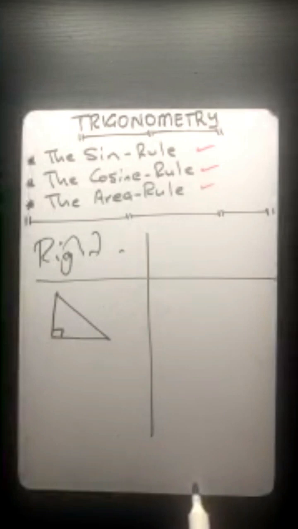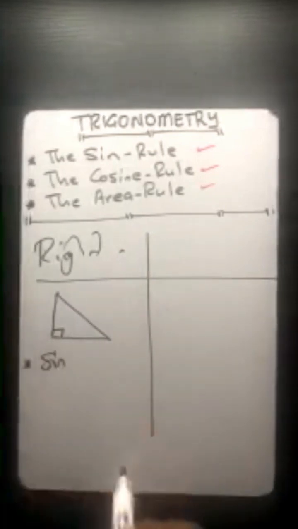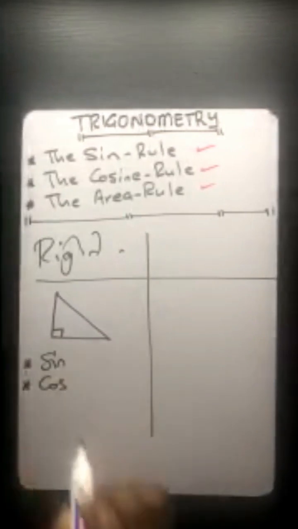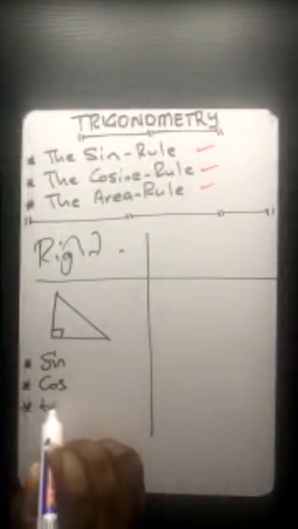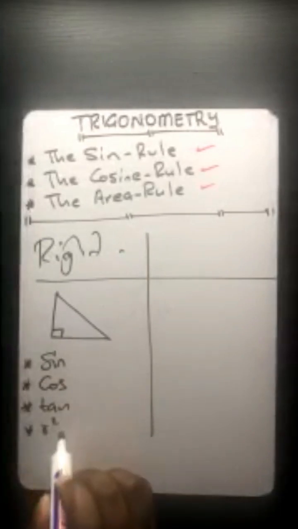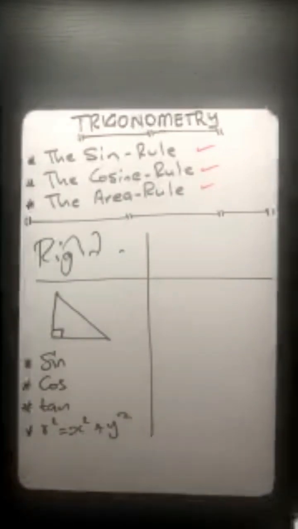Now for all questions related to a right-angled triangle, you are allowed to use the trigonometric ratios, namely sine, cos, tan, or the theorem of Pythagoras. Let me write it that way so that you will easily remember.